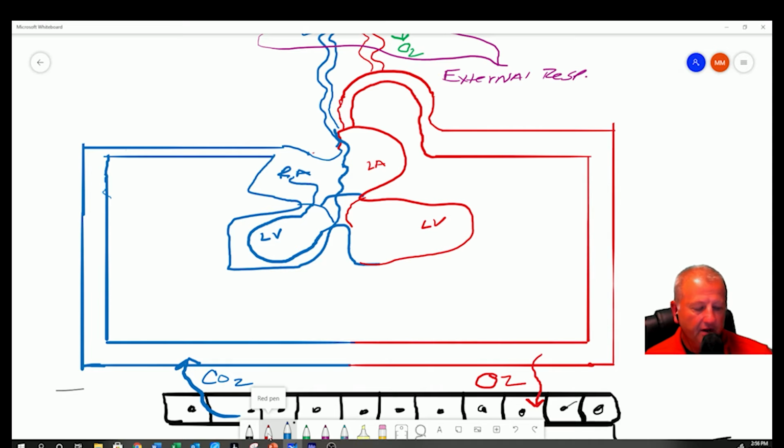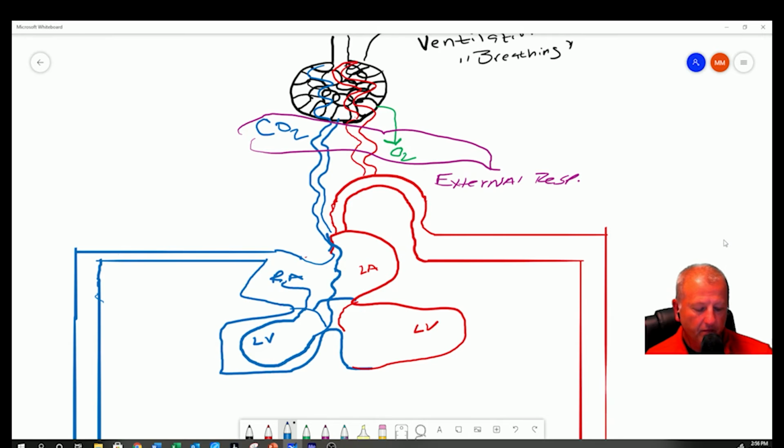Now remember, this is deoxygenated blood. We're making our way up to the alveoli, and we get here to the alveoli.